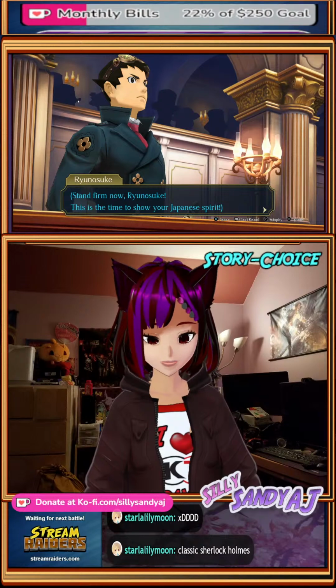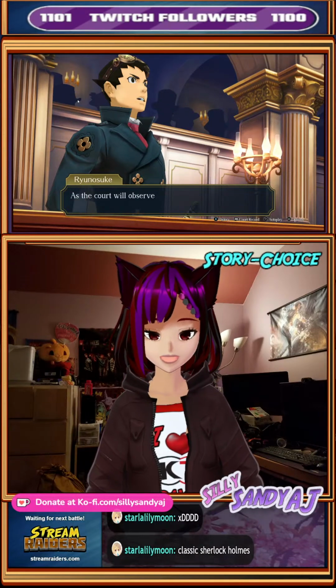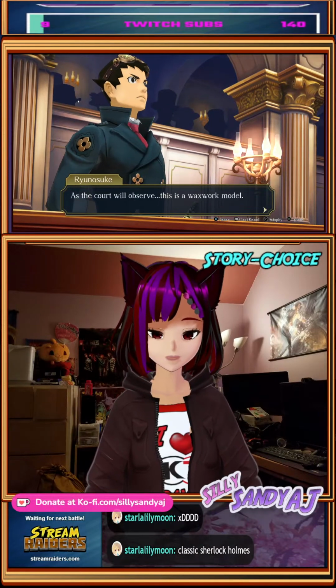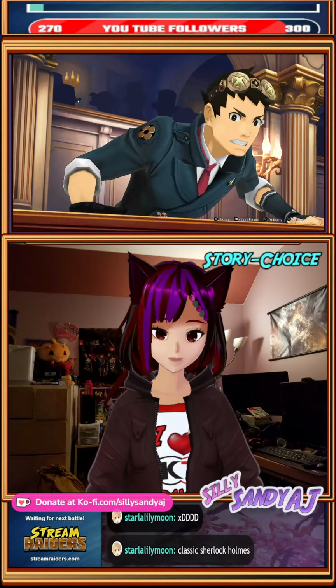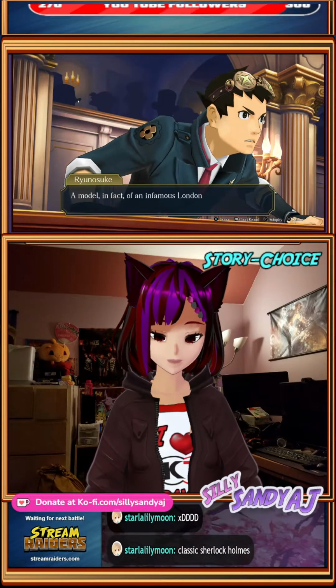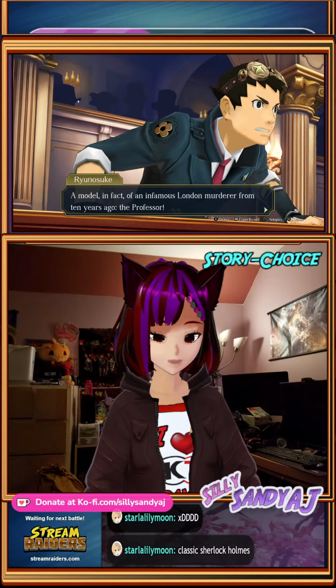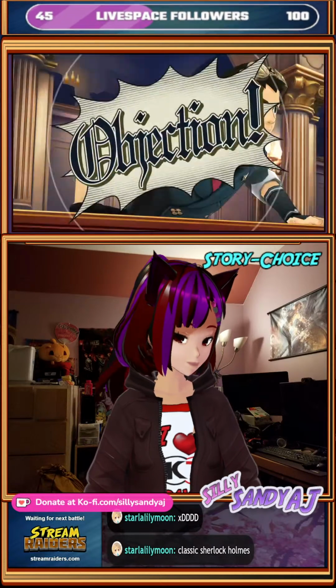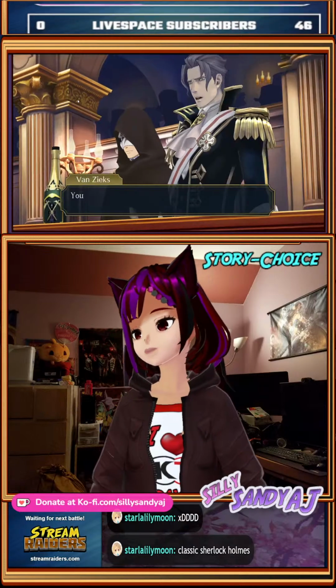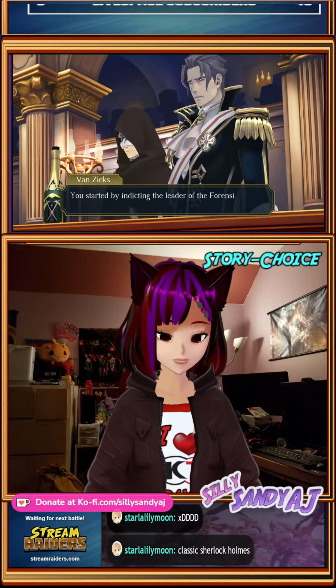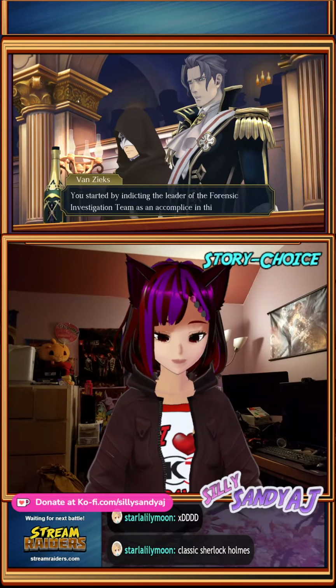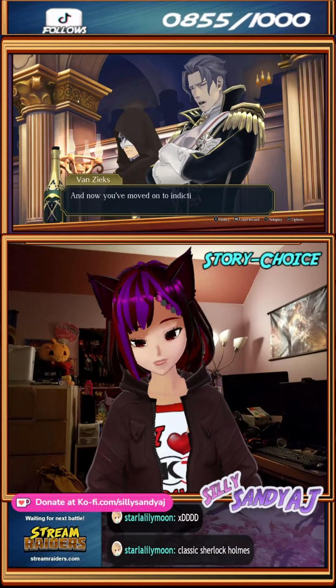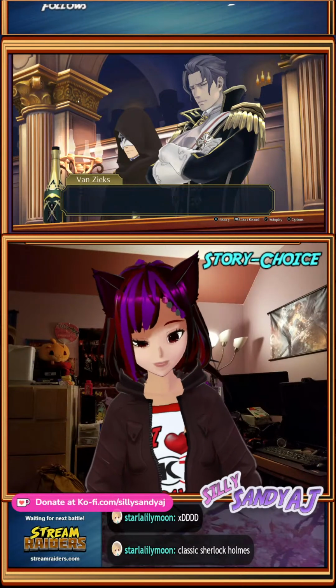This is the time to show your Japanese spirit. As the court will observe, this is a waxwork model. A model, in fact, of an infamous London murderer from 10 years ago. The professor. Objection! Don't start that. I'm not done yet. You started indicating the leader of the forensic investigation team as an accomplice in this crime. And now you've moved on to indicating waxworks?